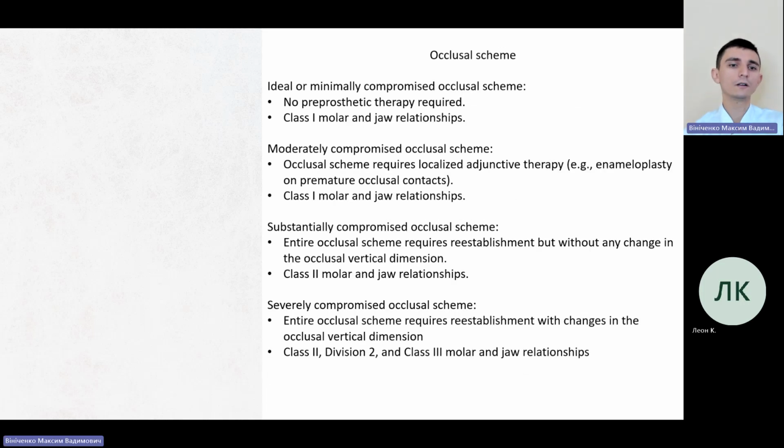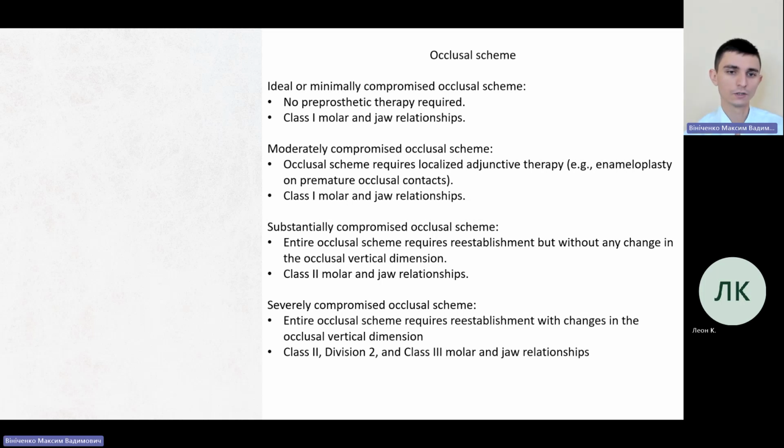Occlusal scheme. In a minimally compromised occlusal scheme, no prosthetic therapy is required. Class 1 molar and jaw relationships. Moderately compromised occlusal scheme: occlusal scheme requires localized adjunctive therapy, enameloplasty or correction of premature occlusal contacts. Class 1 molar and jaw relationships.